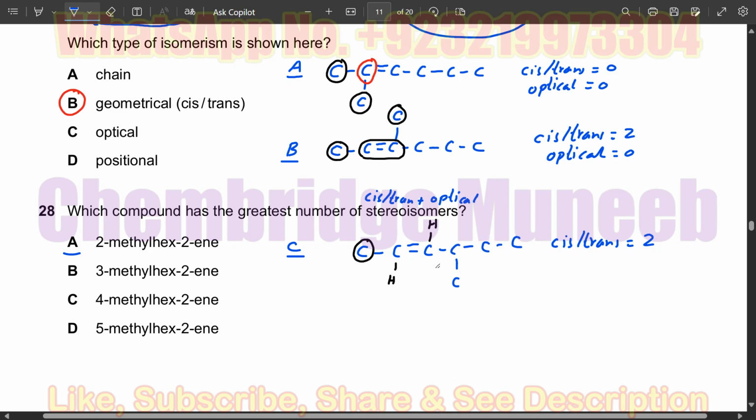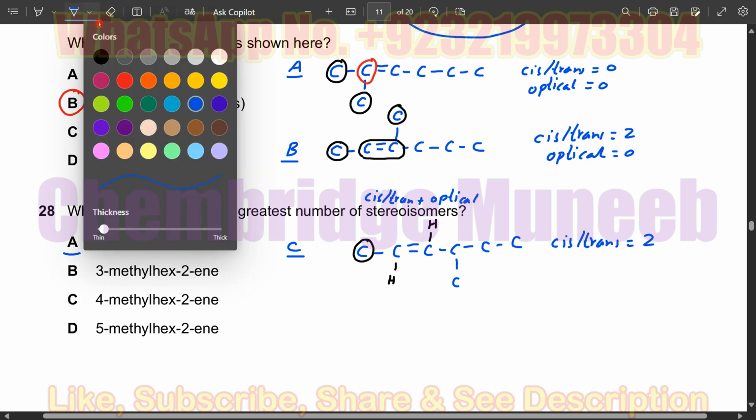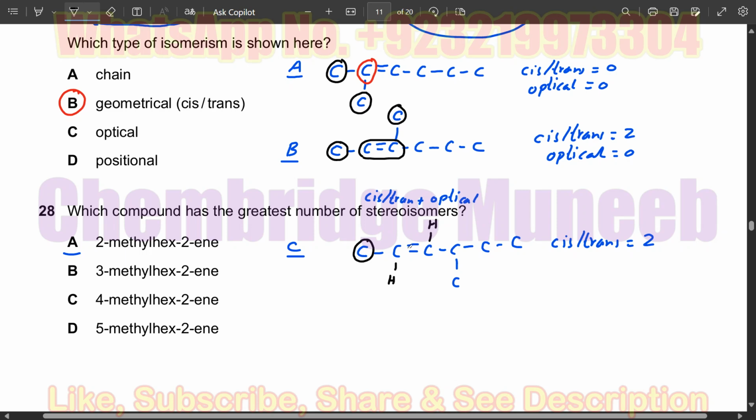So this is the structure of option C. It is 4-methyl. Now over here we can again say cis-trans is present. A methyl group is present on the left carbon, and this whole group is present on the right carbon, and hydrogens are present. So that's why a cis-trans isomer exists here.